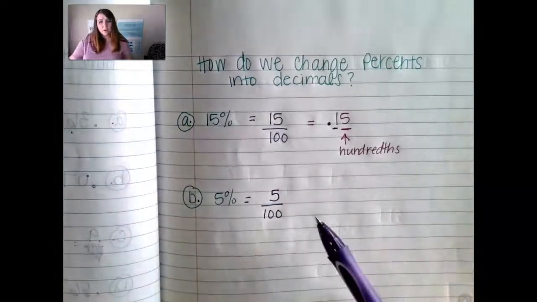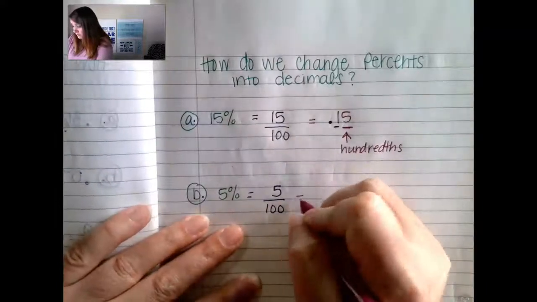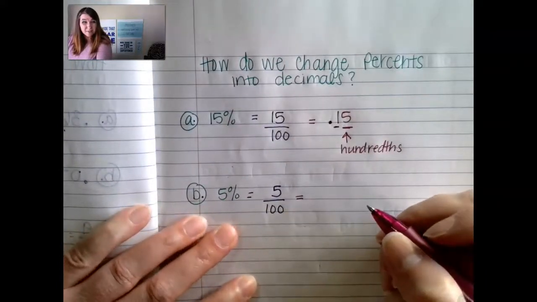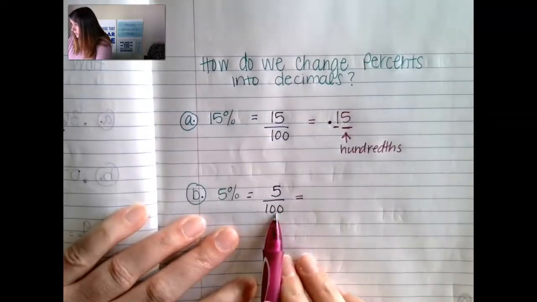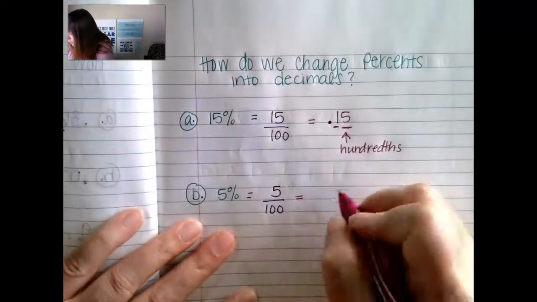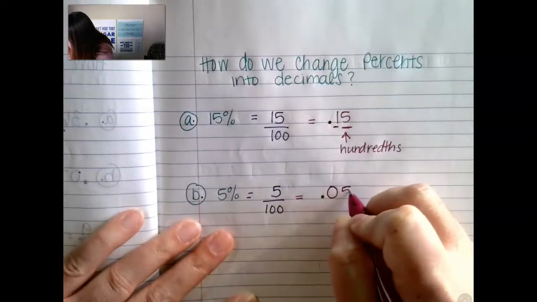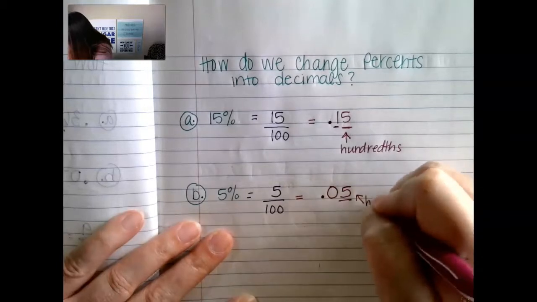Now, here's where we get a little bit tricky. Because if I just put this as 0.5, that means 50%, right? 0.50 in the hundredths spot. But this is 5 hundredths. So really, if I need to put 5 hundredths, I need to make sure that I fill in a 0 so the 5 is in the hundredths place.